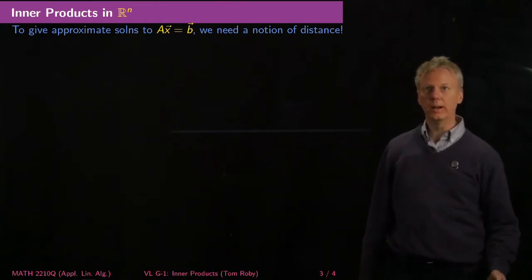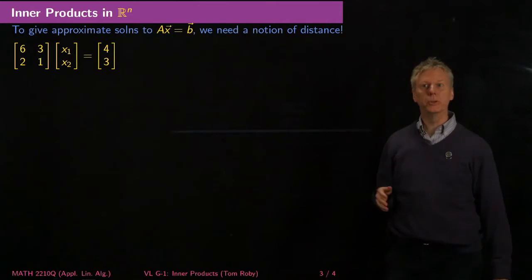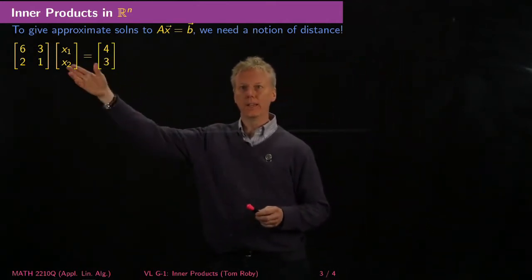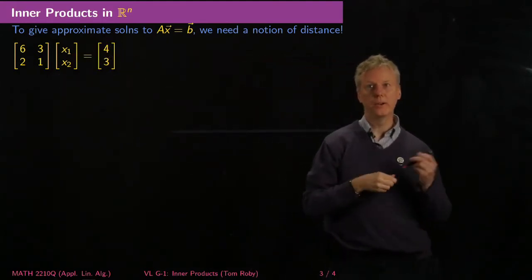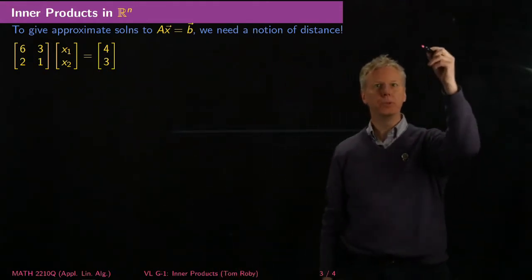Let's just look at a bare bones, very simplistic example to convey the idea. Suppose you had a matrix 6, 2, 3, 1, and you want to get to 4, 3. Notice that 6, 2 and 3, 1 are scalar multiples of each other.